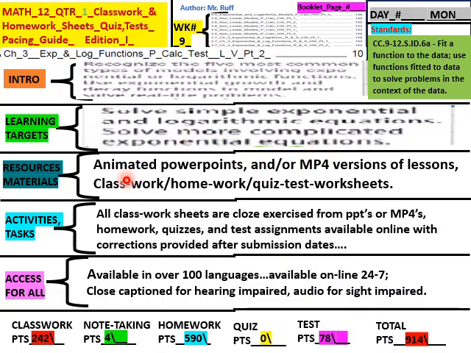And then, as usual, resources, materials, animated PowerPoints, MP4 versions of lessons, classwork, homework, quiz, test, worksheets, activities, and tasks. All classwork sheets are closed exercise from PowerPoints or MP4s. Homework, quizzes, and test assignments available online with corrections provided after submission dates.